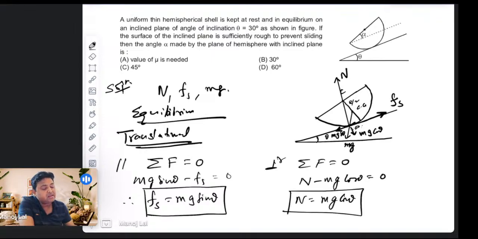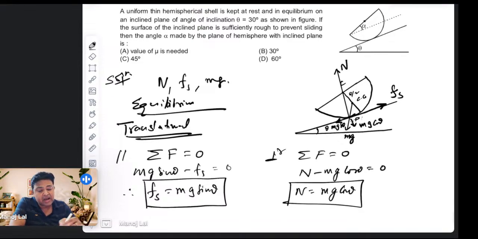Now, let us see the condition for torque. And for that, this angle is given as alpha. So let me draw this angle alpha, which is the angle between this plane and the inclined plane. So let me draw the inclined plane. This angle is given as alpha. You have to find it.